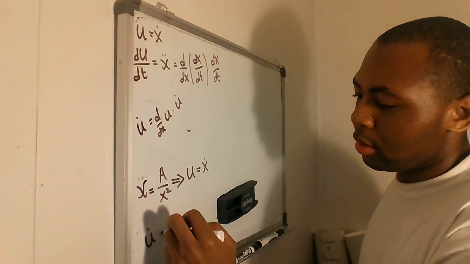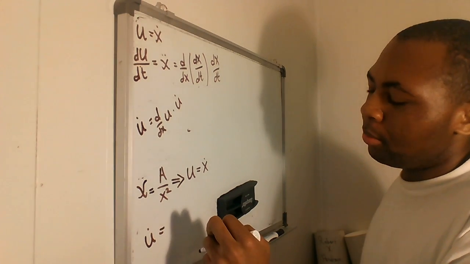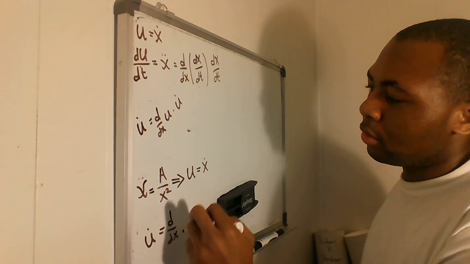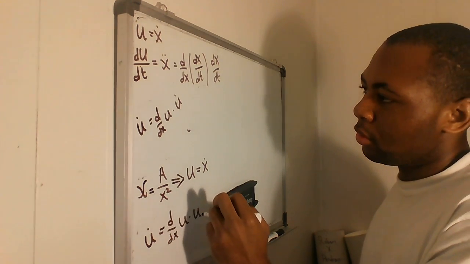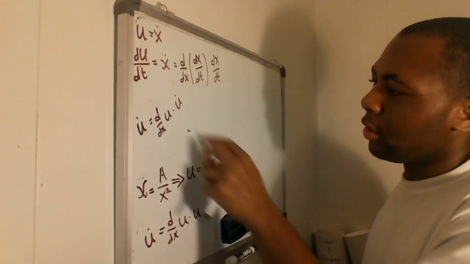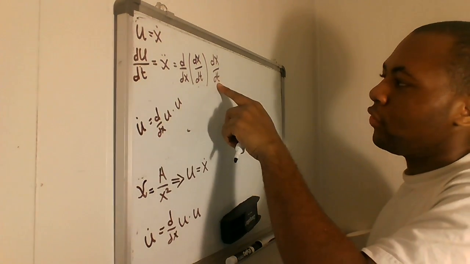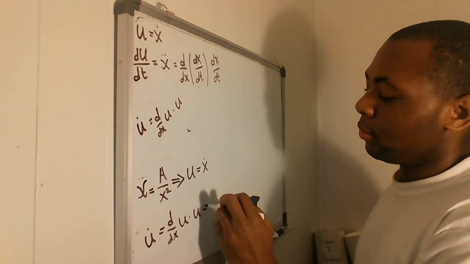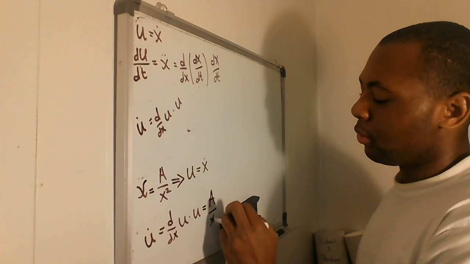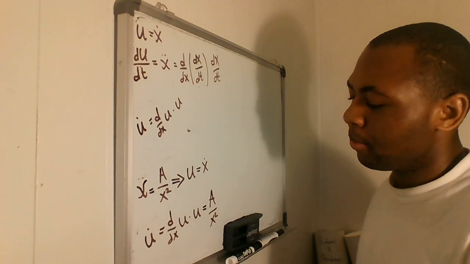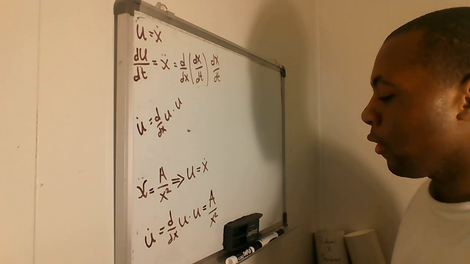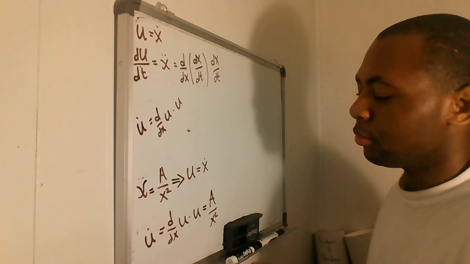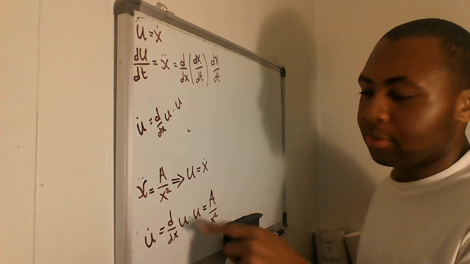So we have u dot equals d/dx of u times, not u dot, but just regular u, since dx/dt is u, and this has to be equivalent to a over x squared. Bada bing, bada boom. We don't have to worry about this anymore. Why? Because this is separable with respect to u and x. This is exactly what we wanted.